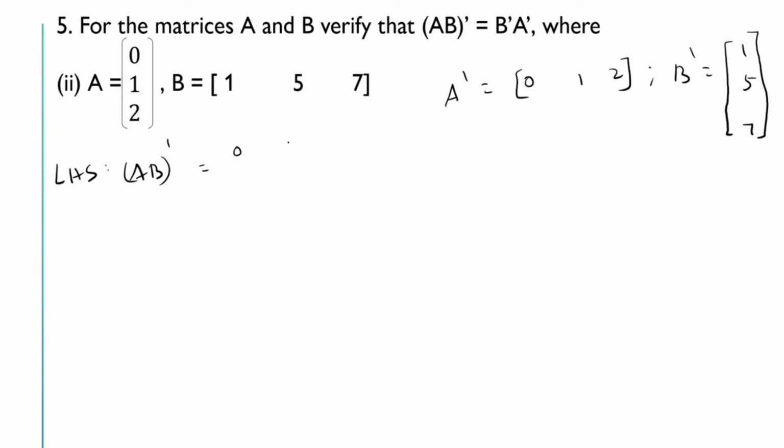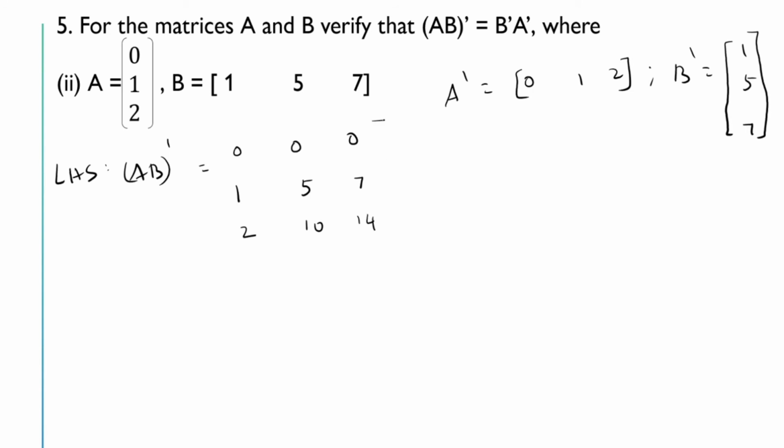so 0 0 0, then we have 1 into 1 1, 1 into 5 5, 1 into 7 7. Then we have 2 into 1 2, 2 into 5 10, 2 into 7 14.